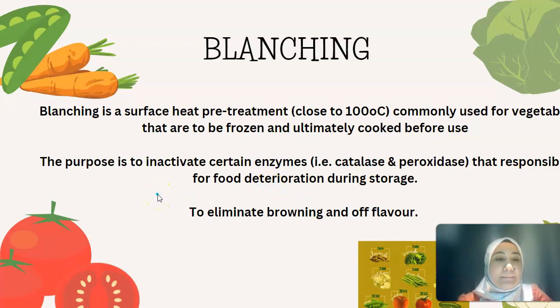In addition, the blanching process is used to inactivate certain enzymes, for example catalase and peroxidase, that are available in vegetables and fruits. These catalase and peroxidase are responsible for food deterioration during the storage of food, fruits and vegetables. So, the blanching process is aimed to eliminate browning and off flavor in the food products.